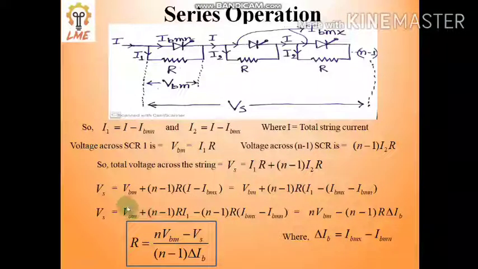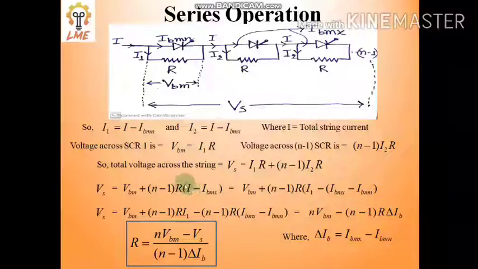So I1 into R equals VBM, and we put the value of VBM, and n minus 1 into R into I2. This I2 can be replaced by I minus IB max. In the next line, what do we do?